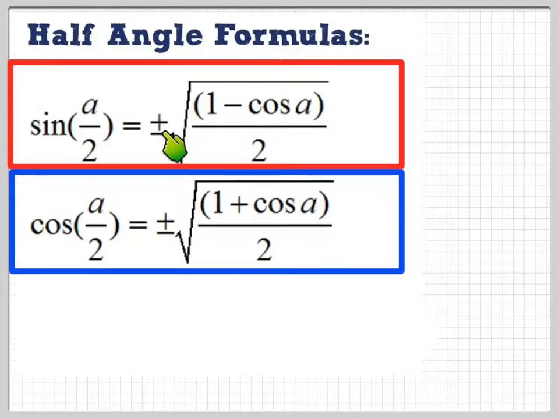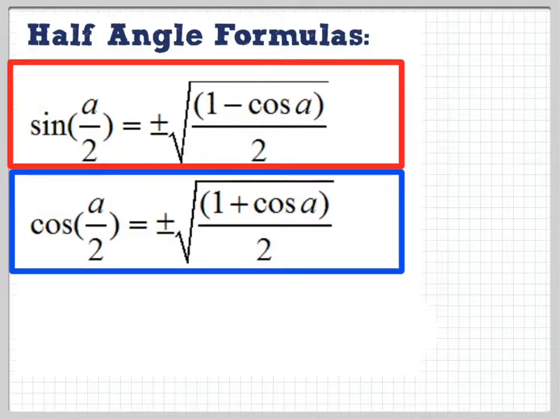Not only do we have this plus or minus on both of these, but with sine it's 1 minus cosine of A, and for cosine it's 1 plus cosine of A in the numerator. Now what is this plus or minus? It does not mean that there are two answers. Not at all. It means you're going to have to figure out, is it going to be a positive square root, or is it going to be a negative square root?